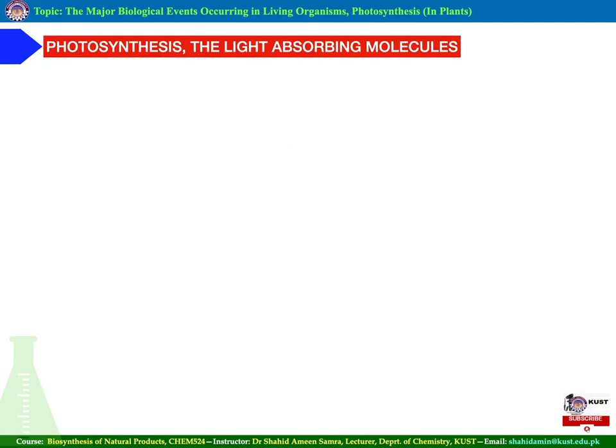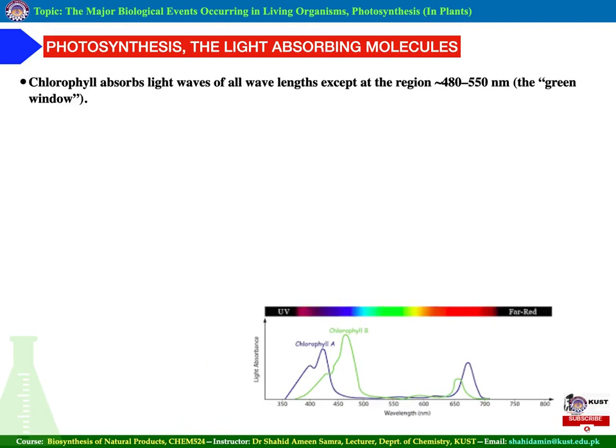Okay, the light absorbing molecule, that is chlorophyll. Now we have some know-how about what type of molecule chlorophyll is. Chlorophyll absorbs light waves of all wavelengths except in the region 480 to 550 nanometers, and this region is known as the green window.